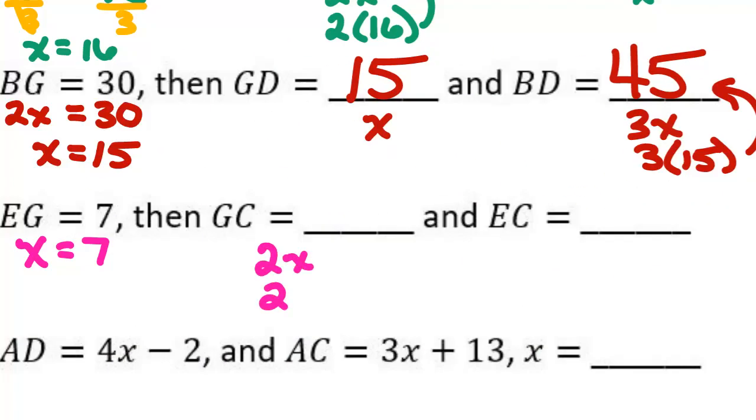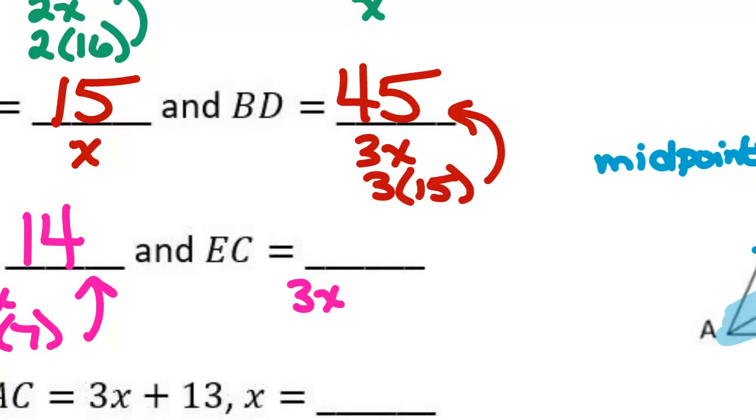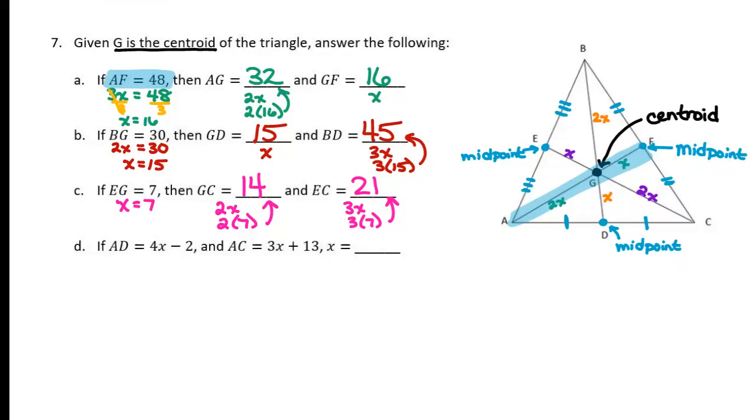And we said X was 7, so 2 times 7 gives me what? So GC is 14. EC, X, 2X, or 3X? 3X. And we said that X was 7. So how big is EC? 21. Perfect. We've got just part D to go, and then we are done for today.